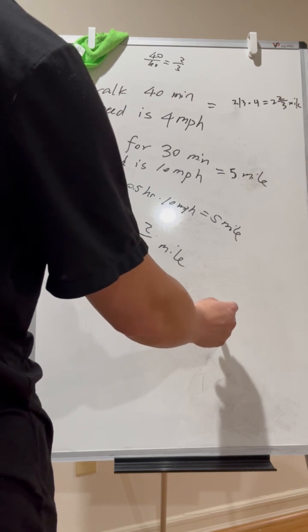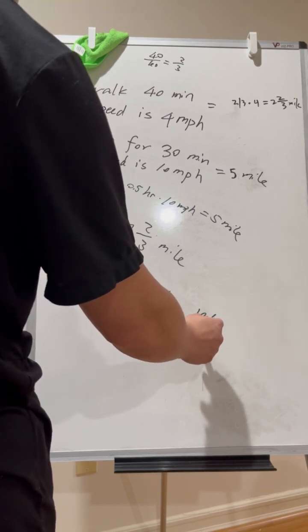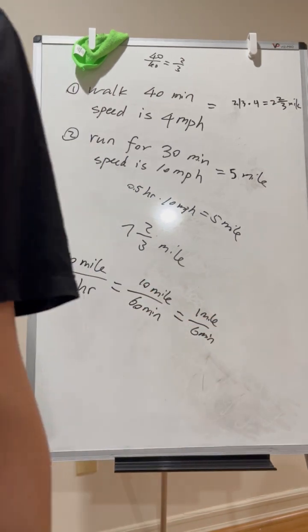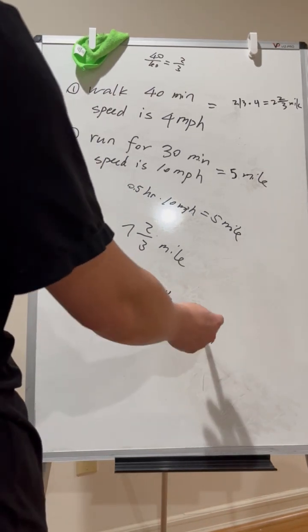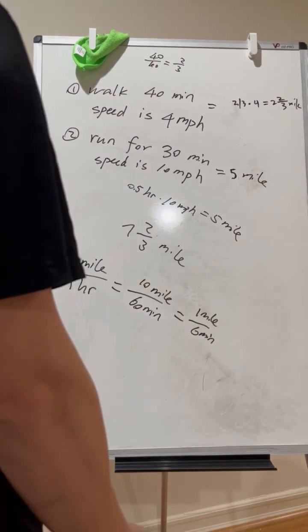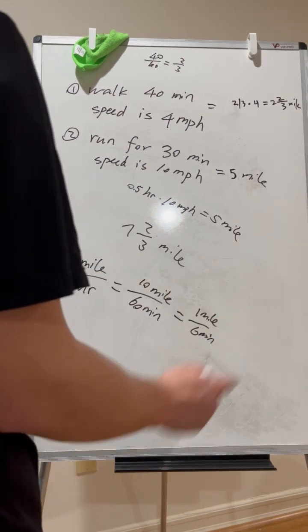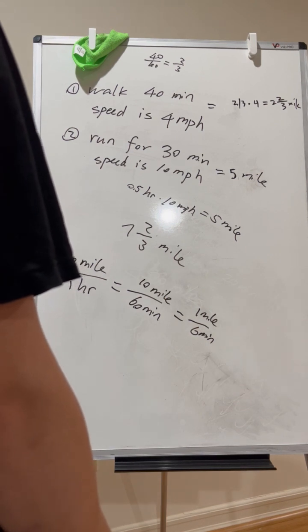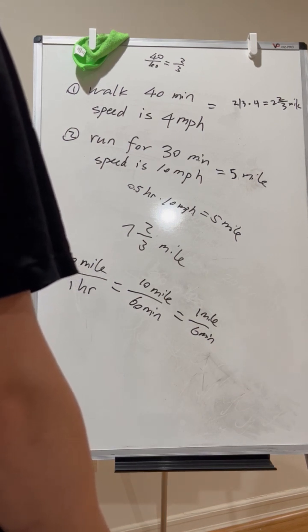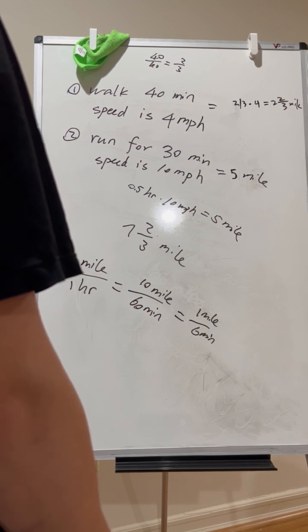1 mile per 6 minutes. Okay. So in 6 minutes you travel 1 mile. And if it's 1 minute, how many miles do you travel? In 1 minute you travel a sixth of a mile.